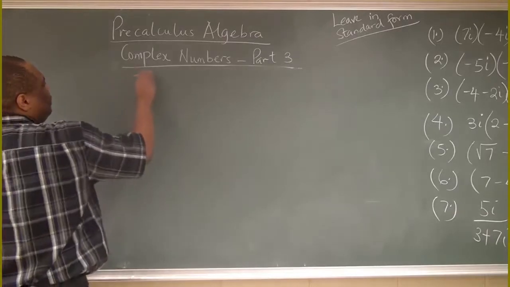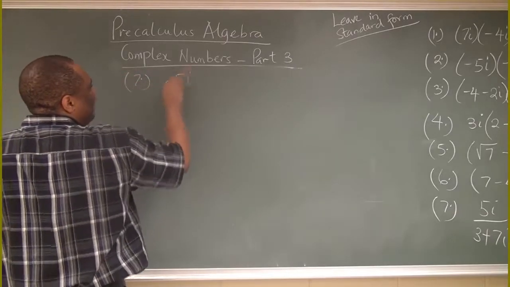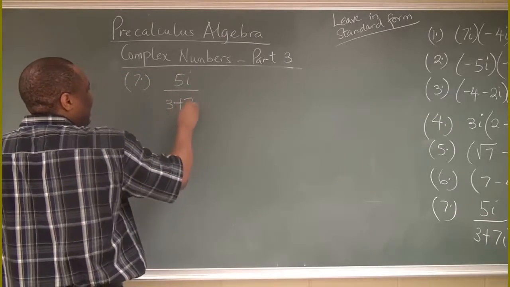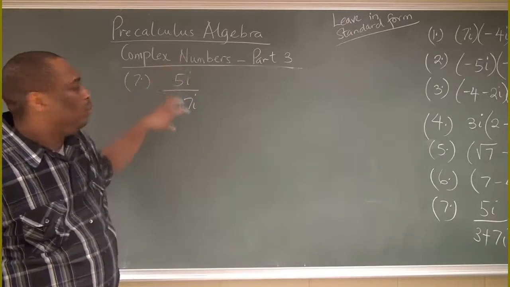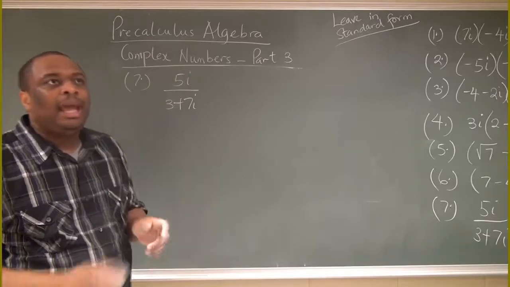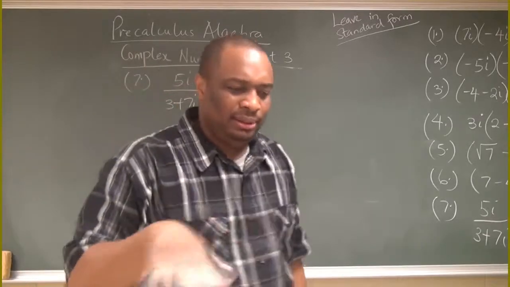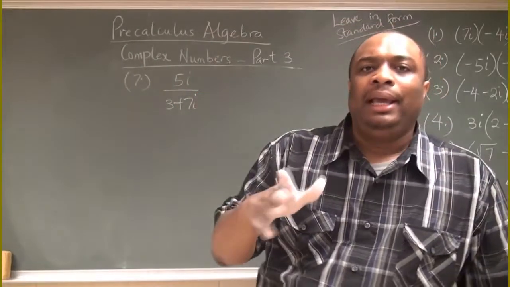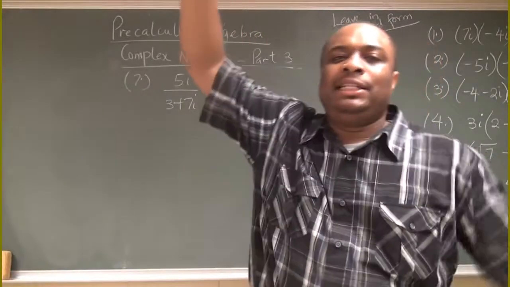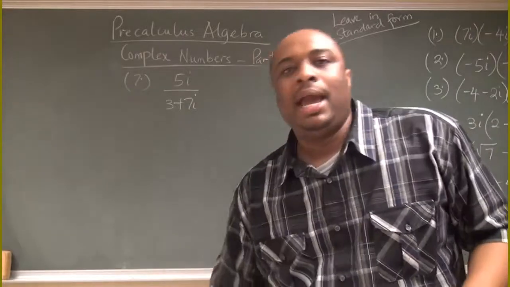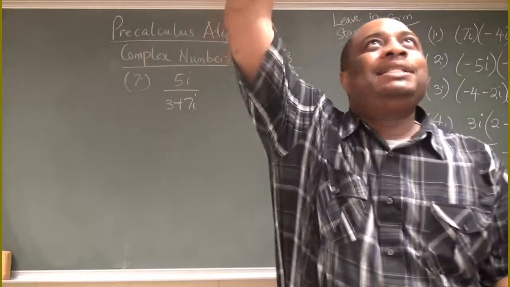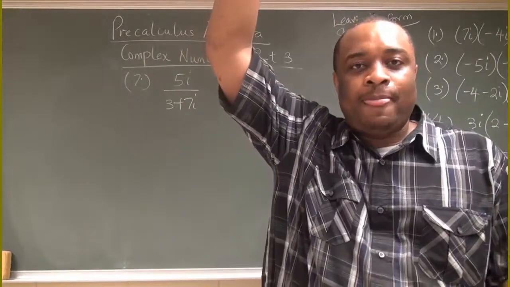So number 7, 5i over 3 plus 7i. Now, we are not bothered with the numerator. We are bothered with the denominator. And why do we always want the denominator? You know, the person that is big and the person that is small, you want the person that is big to stay at the denominator, so that the person that is small will be on the numerator.